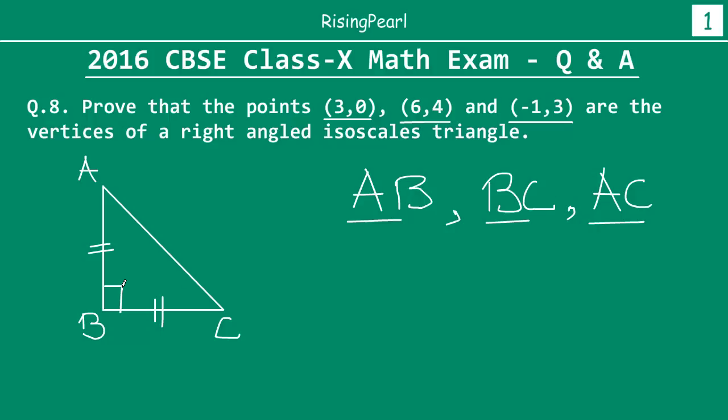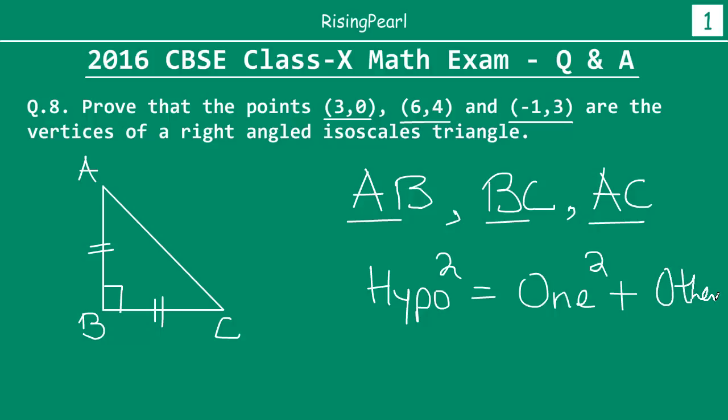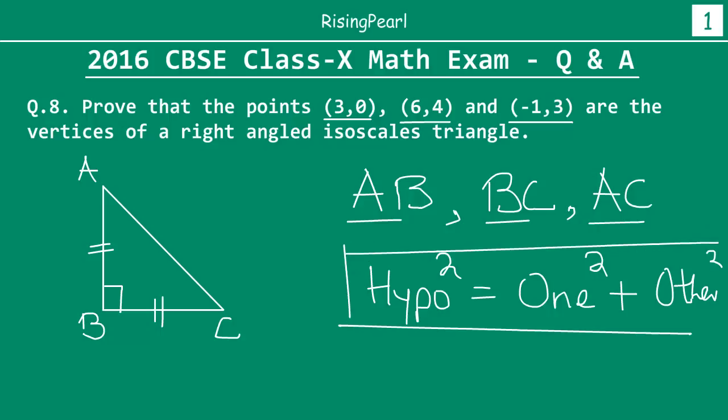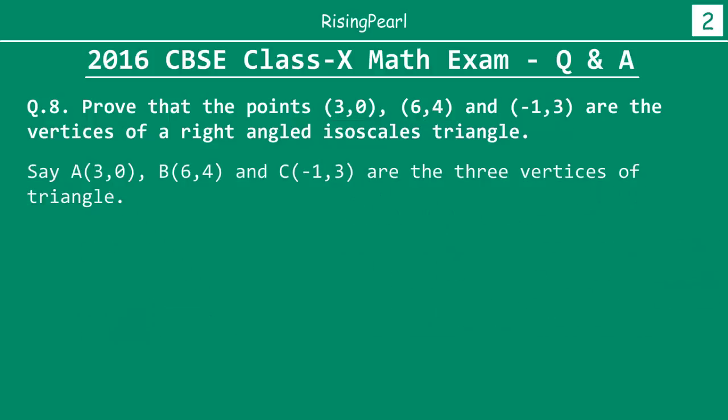Also, how can we prove the three lengths form a right angle triangle? Pythagoras theorem states that hypotenuse square is equal to base square plus altitude square. With that in mind, let's see how we can solve this question.